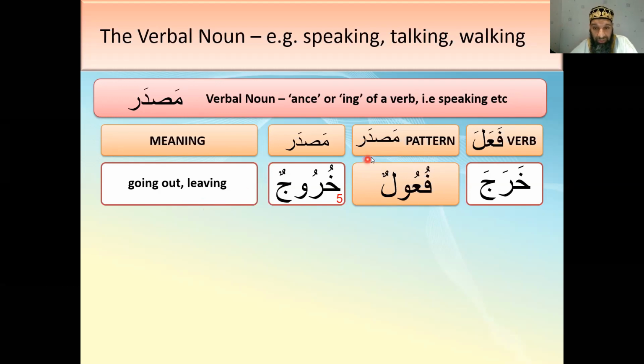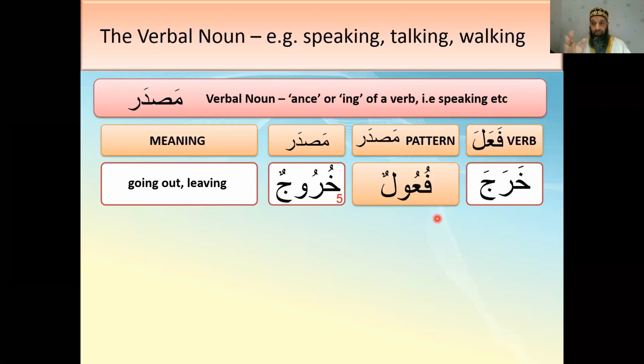With the masdar patterns, for each verb there's maybe about 4 or 5 main masdar patterns. How do you know which masdar pattern fits which verb? You don't. You have to learn the masdar pattern when you learn the verb itself.